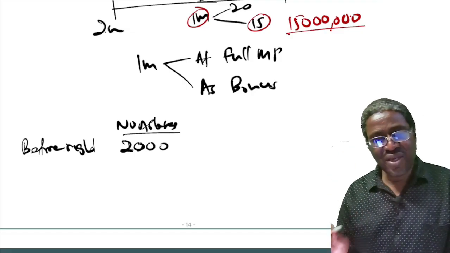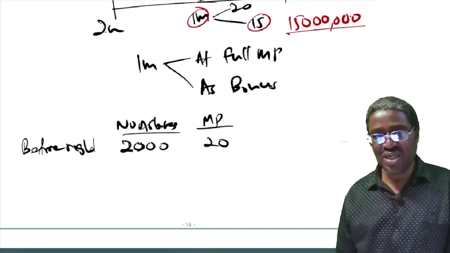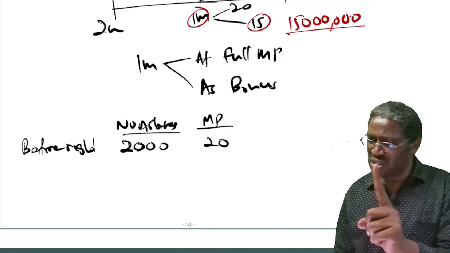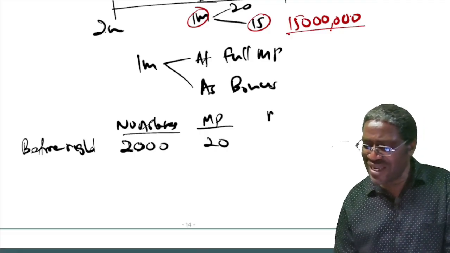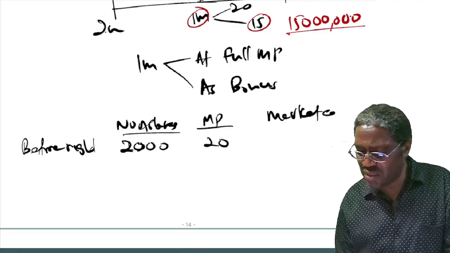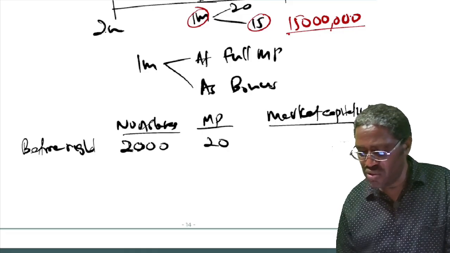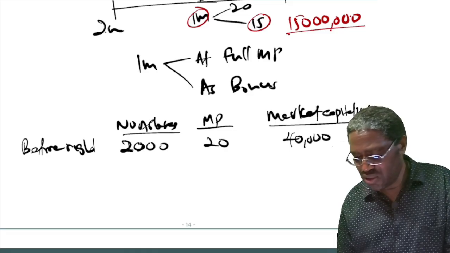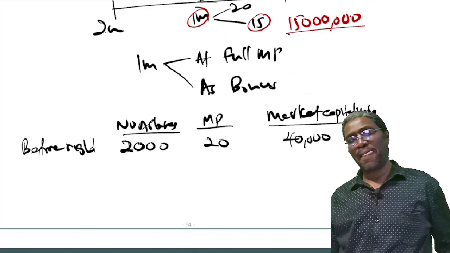One share had a market price of 20 shillings. So it means before the rights issue, our market capitalization as a company was 40 million. 2 million times 20 shillings is 40 million.